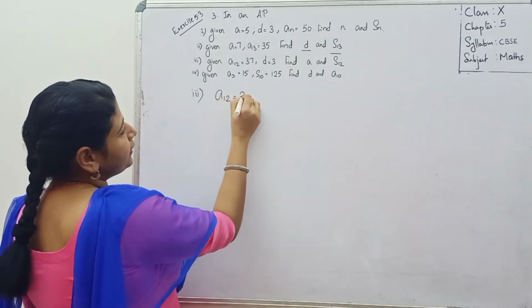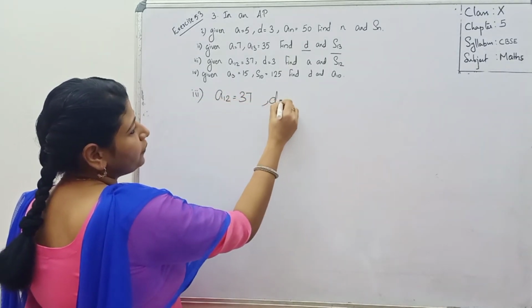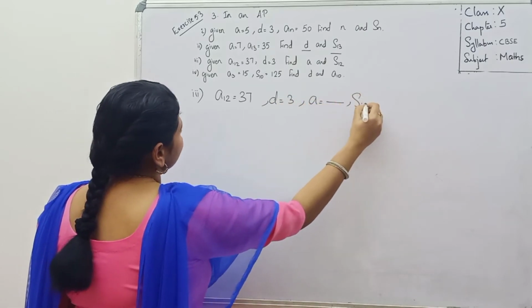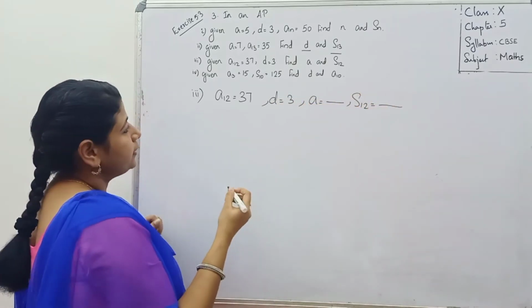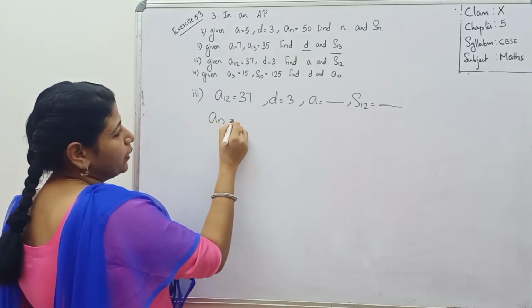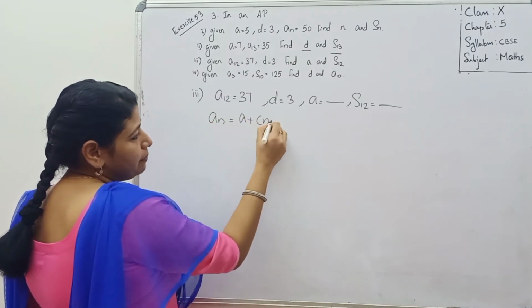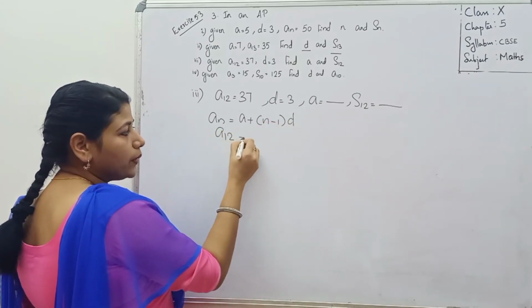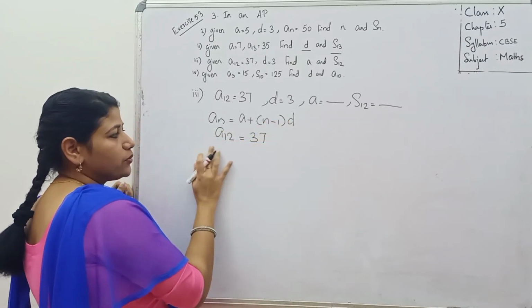A12 is 37. Common difference is 3. We have to find out A and S12. Now take An equal to A plus n minus 1 into d. So A12 equal to 37, take A12 equal to 37.